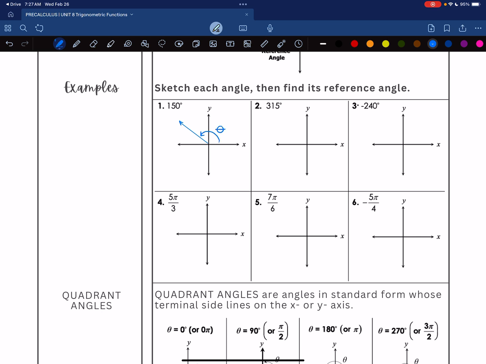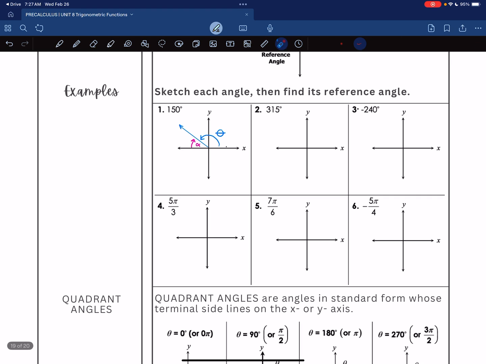Now what we want to find is its reference angle. The reference angle is going to be the angle from the x-axis to that terminal side. We'll call it alpha. So let's figure out just how many degrees are in that little angle there. Well, if I were to measure from the x-axis all the way to here, how much would that be?